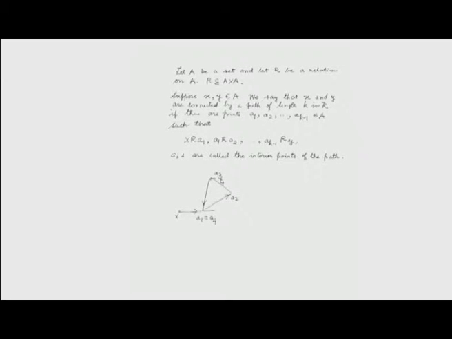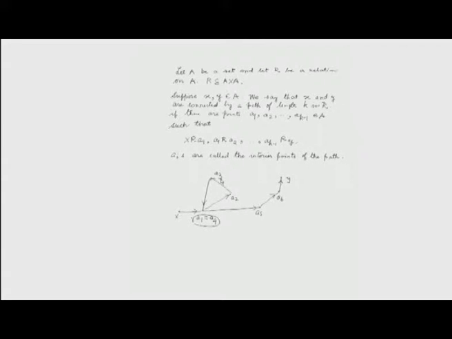Then suppose this goes to a point A5, and then A6, and then we ultimately reach y. Now, here in the sequence of vertices, A1 and A4 are the same.